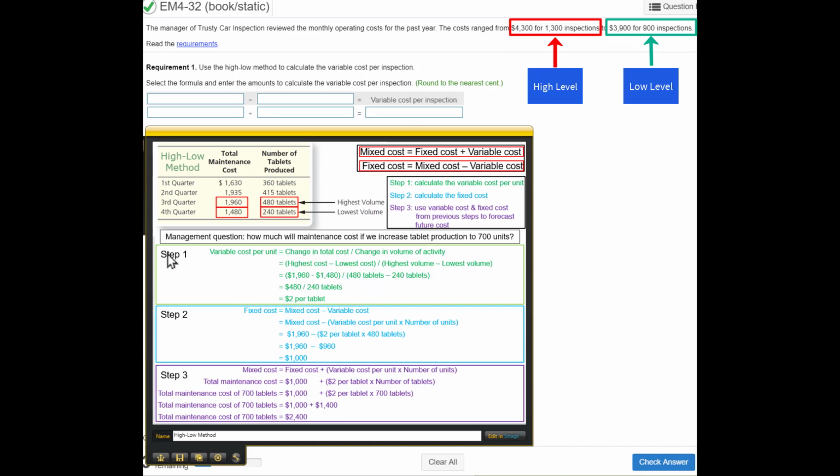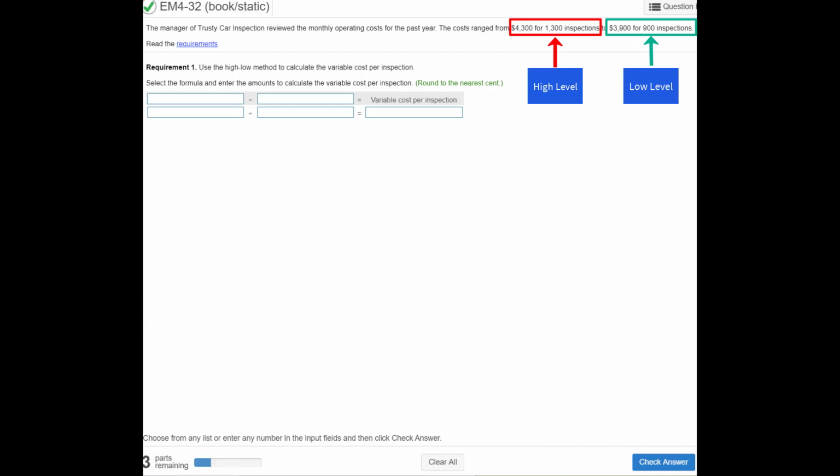So again, the formula for step one is change in total cost divided by change in volume of activity. So we're going to put that in words. Change in total cost divided by change in volume of activity. And that gives us the variable cost per inspection.